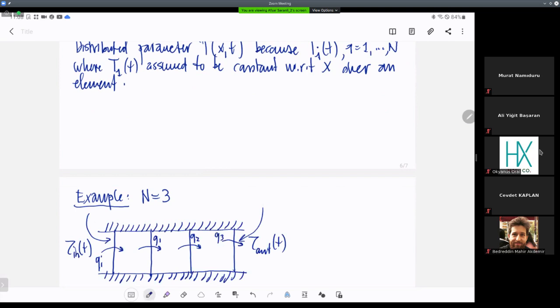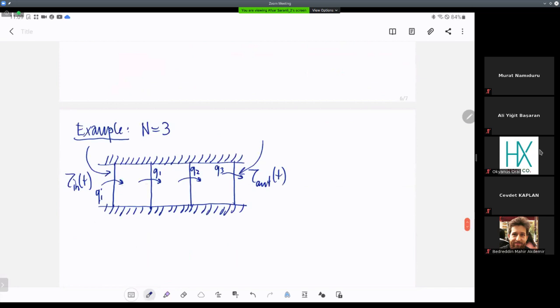Each element will have its associated temperature, tau 1 of T, constant with respect to X within this element, tau 2 of T, tau 3 of T. You see, the X variable has become an index now. A finite number of lumped parameter variables have been generated.